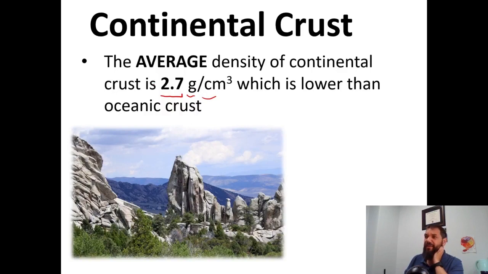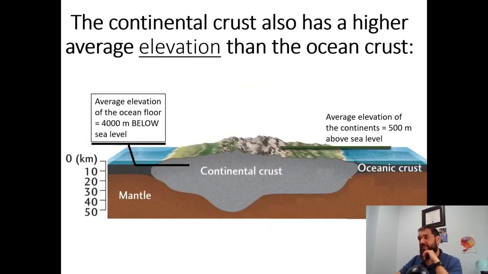And a lot of you are probably looking at this like, okay, 2.7, that's basically 3. It's close to 3. What's the big deal there? It's amazing because it's actually a huge deal. It's a huge difference, and it's a very important difference. I could say that the continents, if they weren't buoyed up by their low density, if they were as dense as the ocean crust, they would sink more into the mantle, and the elevation of the land surface would be a lot lower.